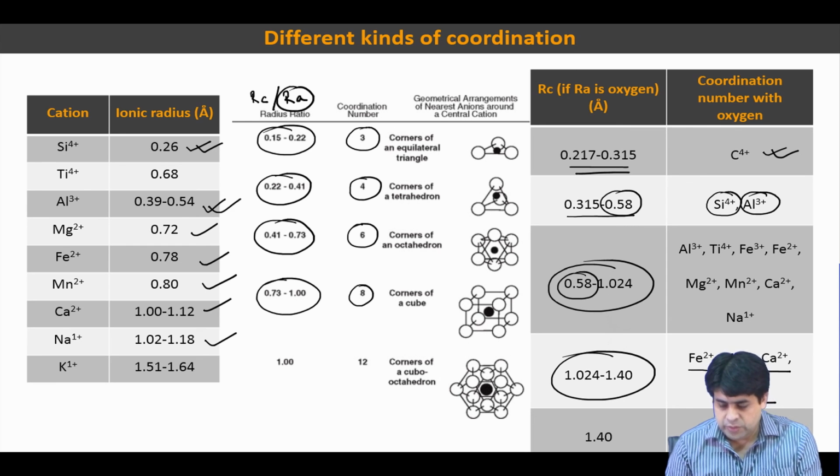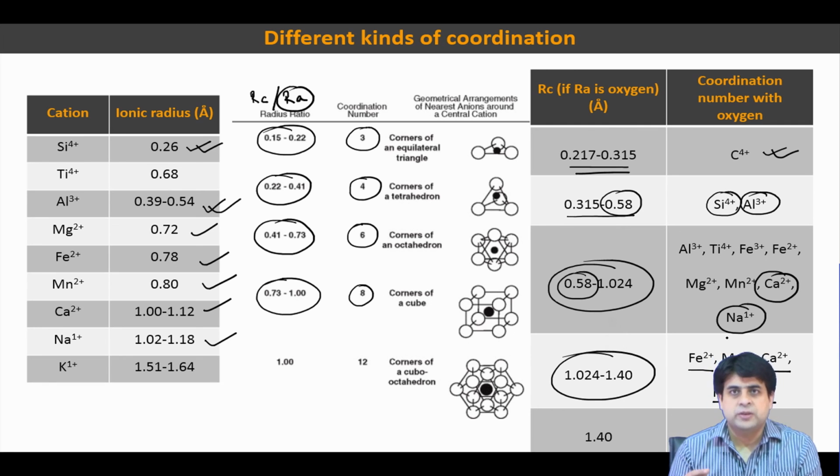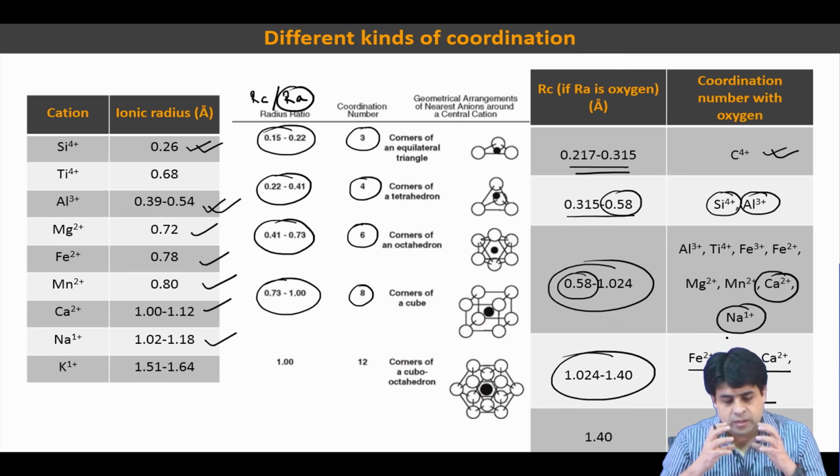So here you see that you have a situation where your calcium and sodium have 6 and 8 fold coordination. So basically your calcium can be in the 6 fold coordination as well as in the 8 fold coordination. But this is not a very precise table, because in nature this radius can slightly change.